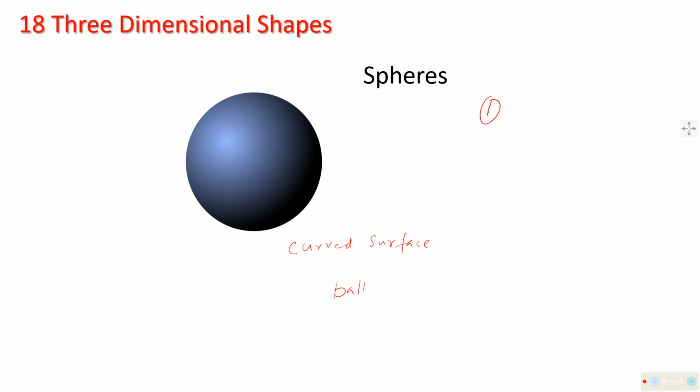The first one was cuboid, the second one was cube, and third, the cuboid which you studied at first is also named a rectangular prism. Another name is also coined for it.